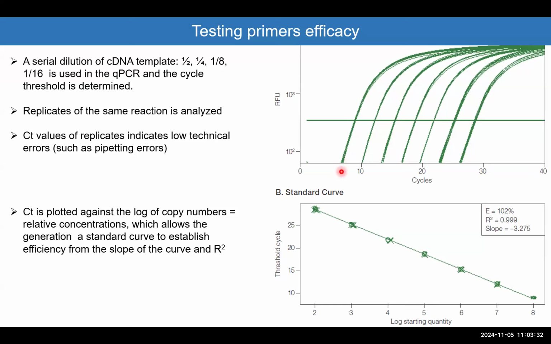Then obviously the more concentrated DNA will generate a product much faster. So if this is non-diluted DNA, this is the 1:2 diluted, and this is 1:4 diluted, and this is 1:8 diluted, and this is 1:16 diluted.